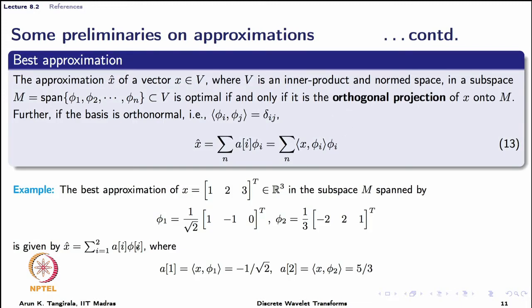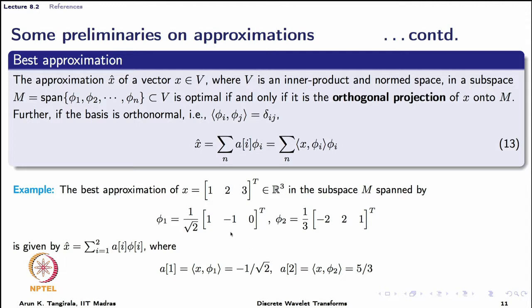So, let us look at an example quickly. The best approximation of x: suppose I have a vector, all this is equally applicable to both functions and vectors. I have a vector x equal to 1 2 3 transpose living in the 3 dimensional real space, and I want to approximate this vector with 2 basis functions only. These 2 basis functions are orthonormal, as you can verify.